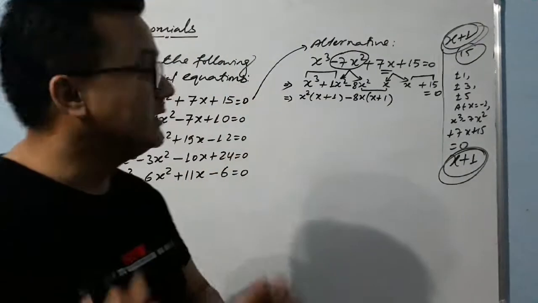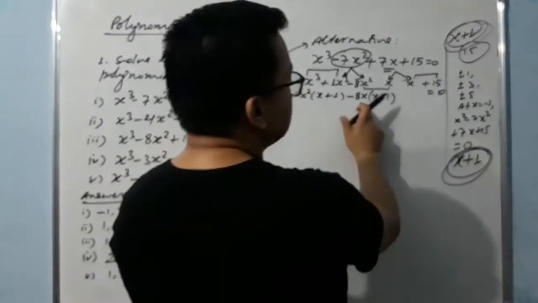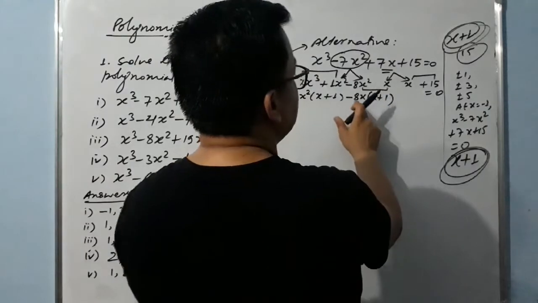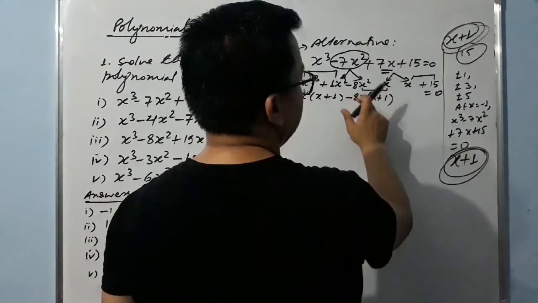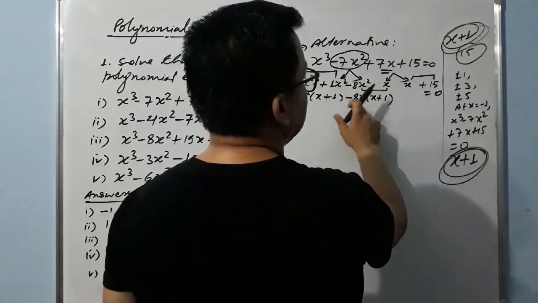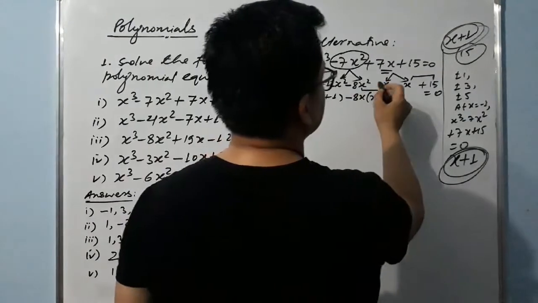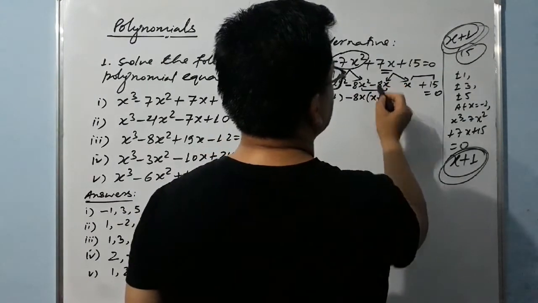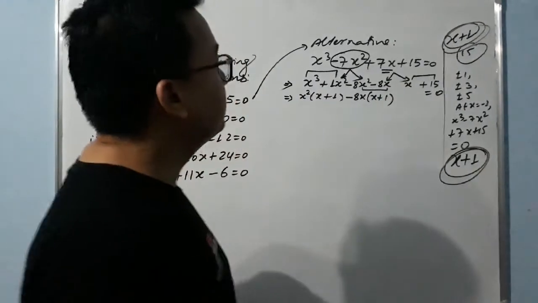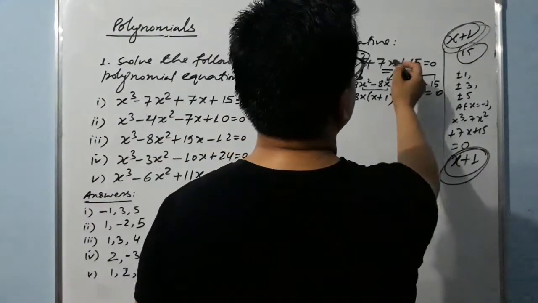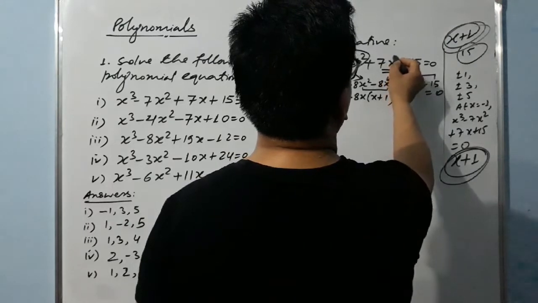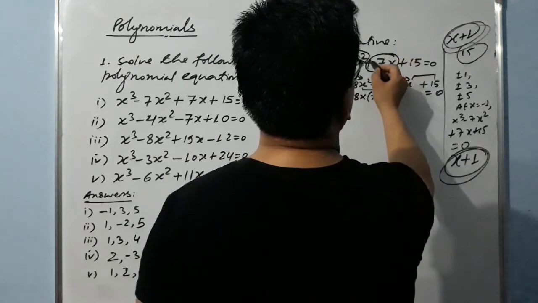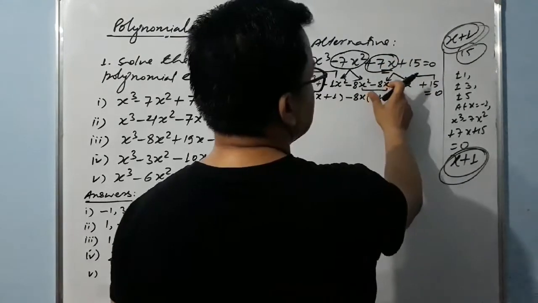So now just multiply this, you will get minus 8x square, and into minus 8x. So here also we need minus 8x. Done. Now we will take the help of this one again, here plus 7x. Minus 8x we have written here.